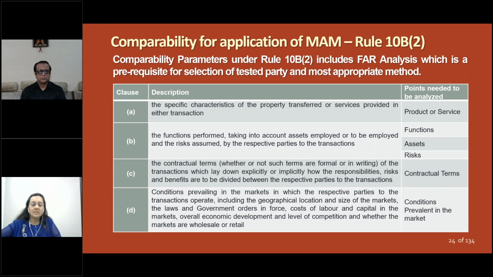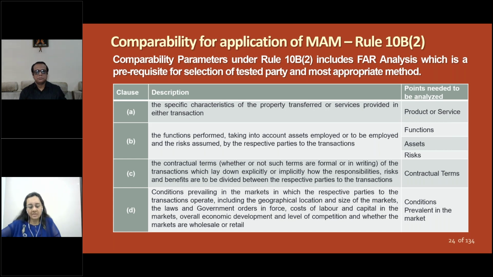Now, every method requires you to judge or establish comparability. Comparability has been defined under Rule 10B(2) of our income tax rules. It says that the first criterion for comparability is the specific character of the property transferred or the service.